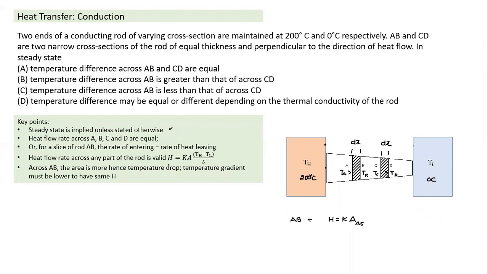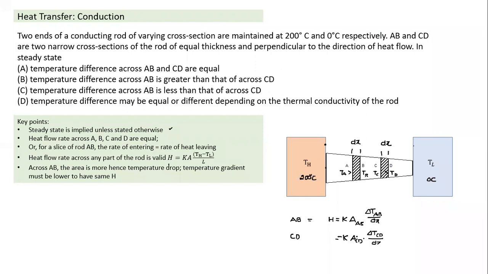If this thickness is very small, I can assume the area at cross section A is equal to the area at cross section B, which is A, and that equals delta T of AB divided by dx. In a similar way I can write it across CD also: K times the area across CD, taking the area as equal, times the temperature difference between C and D divided by dx. Both heat flow rates are the same.